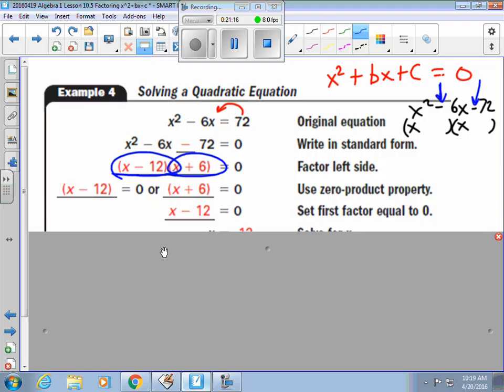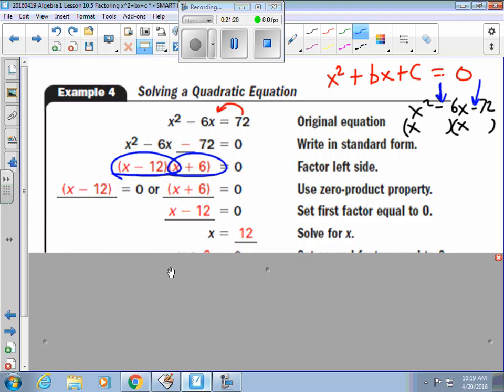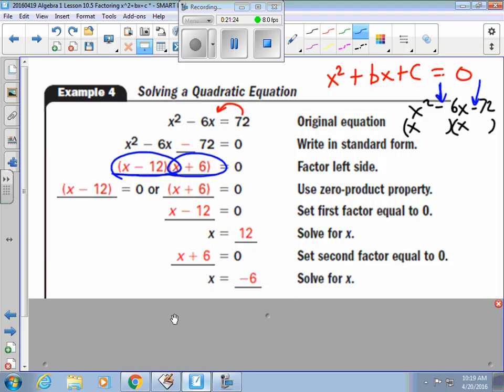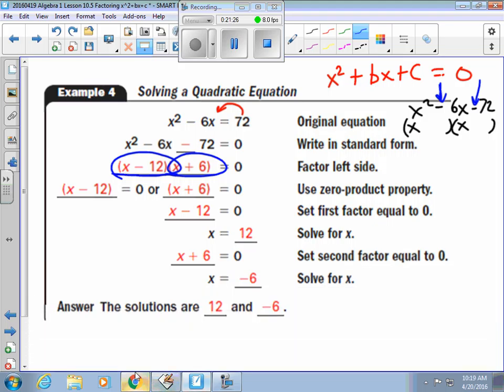So therefore, x minus 12 equals 0 gives you x is 12, and x plus 6 equals 0, x is negative 6. Therefore, we have two solutions, 12 and negative 6. And if you plug both of those numbers back in, you'll get a true statement.